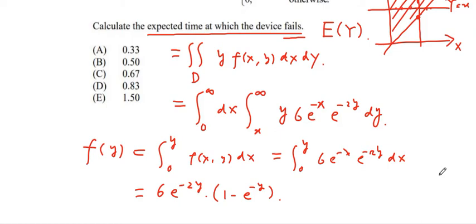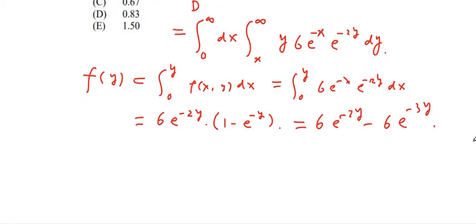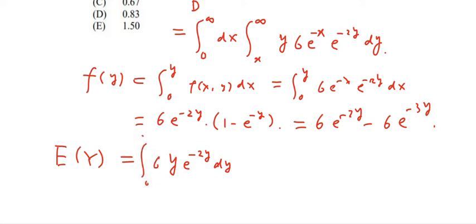So this equals 6e^(-2y) minus 6e^(-3y). So E[Y] equals the integral of y times 6e^(-2y) dy, y from 0 to infinity, minus the integral of 6y e^(-3y) dy.